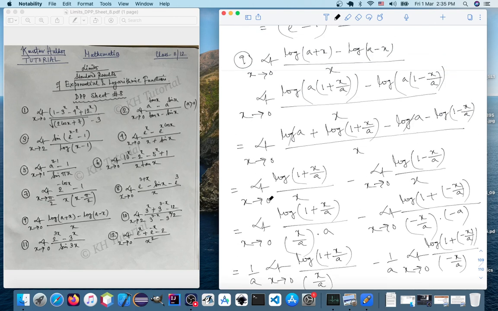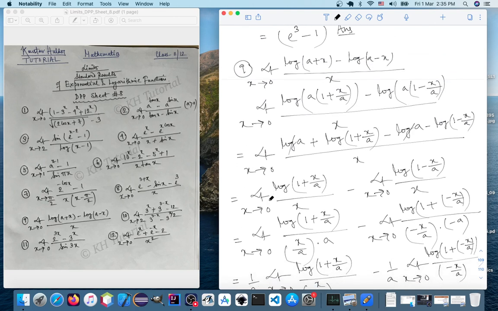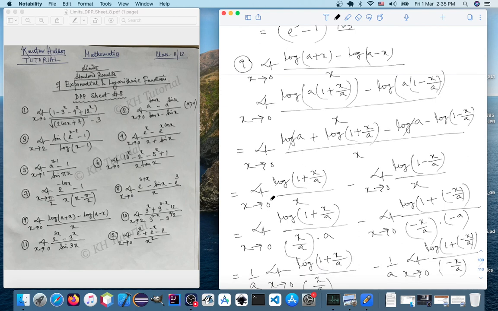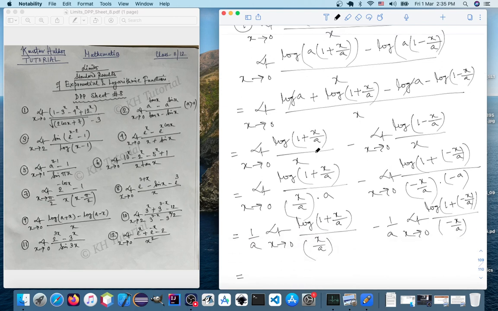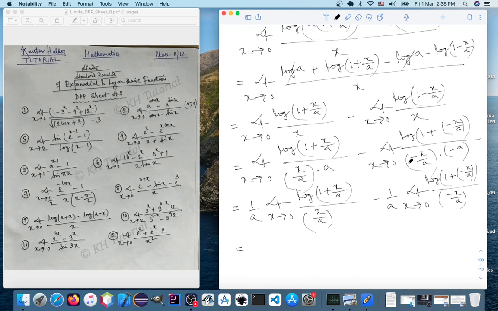Did I do any mistake with the minus and plus? Let me check. And this is minus minus minus x by a. We split it, base minus 1, okay, so this minus a will get cancelled with this minus and will become plus over here.